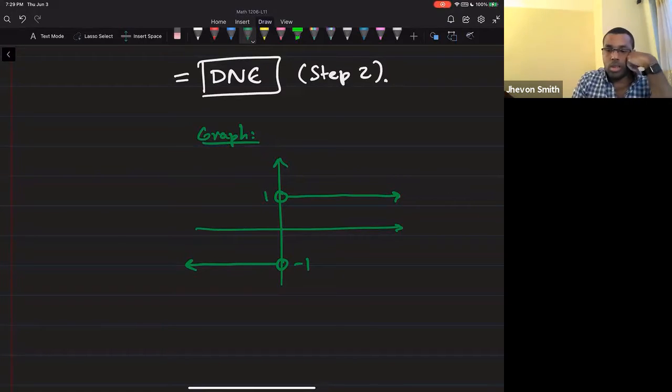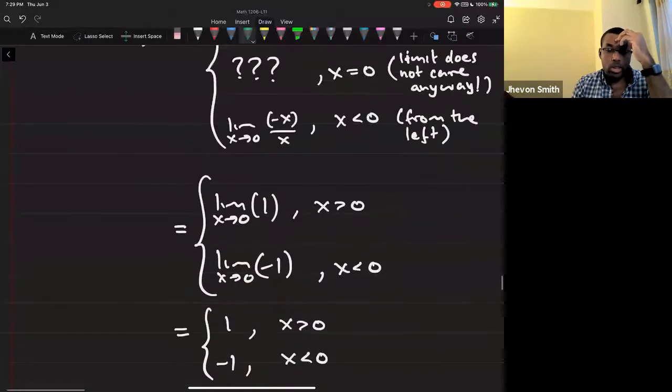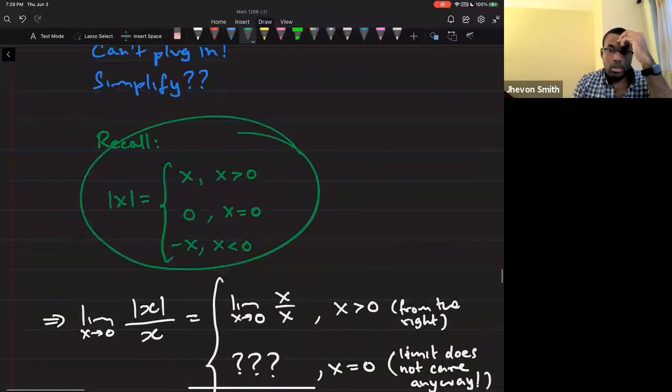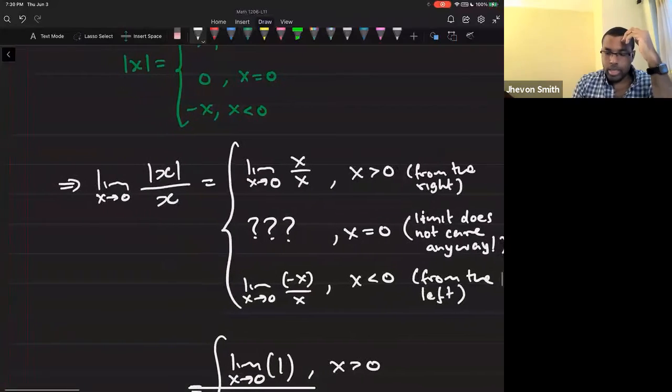So yeah, the limit as x approaches 0 from the right side of absolute value of x over x is 1. And the limit as x approaches 0 from the left side of absolute value of x over x is -1. Because the absolute value of x will switch on either side of 0, and we know that because we know the definition. So this limit does not exist.